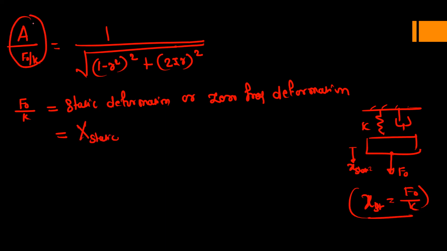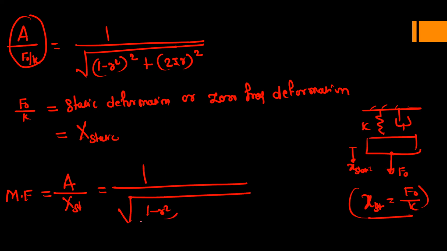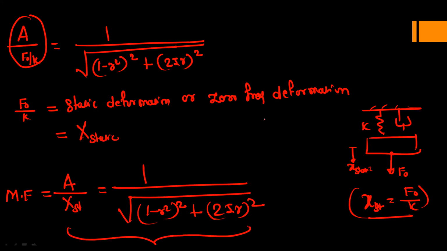So this complete ratio, which is the magnification factor, is A upon X static. This is equal to 1 upon the square root of 1 minus r square bracket square plus 2 zeta r bracket square. Okay. So depending on this equation, we have a graph which is called the magnification factor versus frequency ratio.